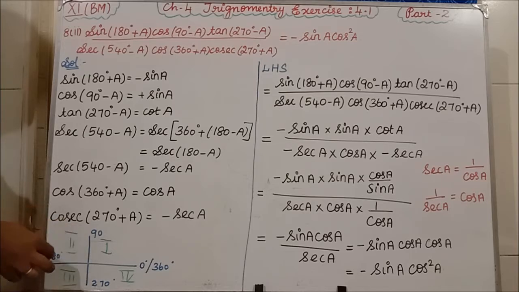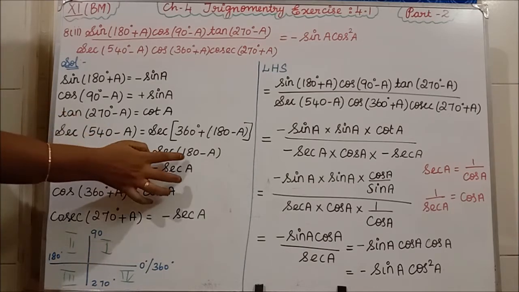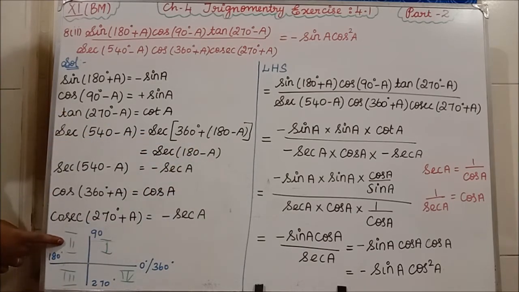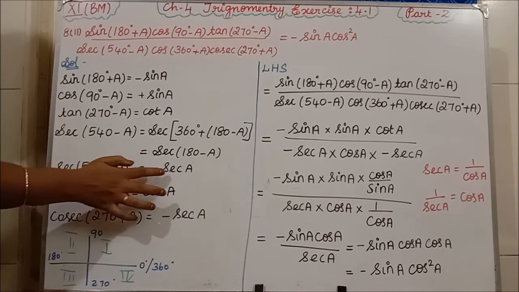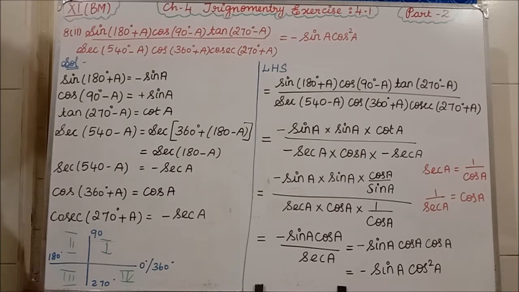In second quadrant whether secant is positive? No, in second quadrant only sine and cosecant are positive. Only in fourth quadrant cos and secant are positive. But 180 minus A lies in the second quadrant. So secant is negative. See what I have written, minus secant A.